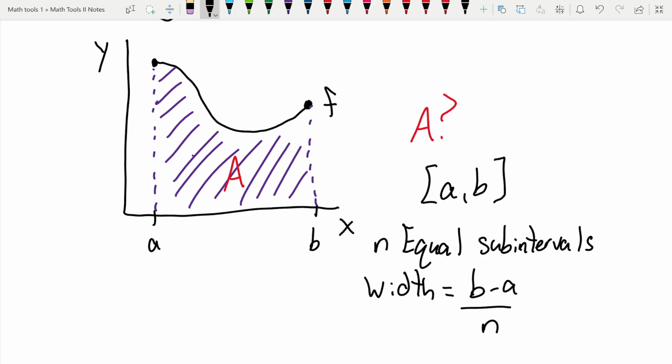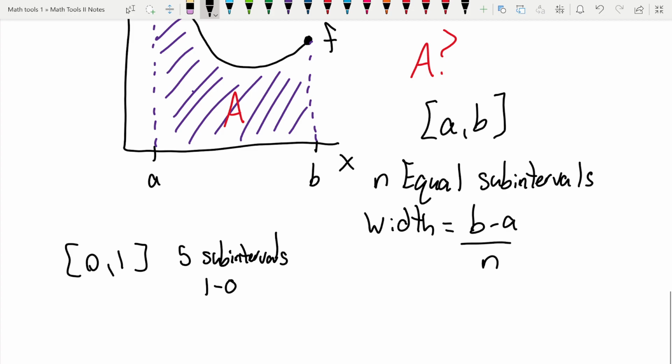Just to see an example with real numbers, if we were doing 0 to 1, for example, and we wanted to divide it into 5 subintervals, then these subintervals would have width 1 minus 0 divided by 5, so 1/5.